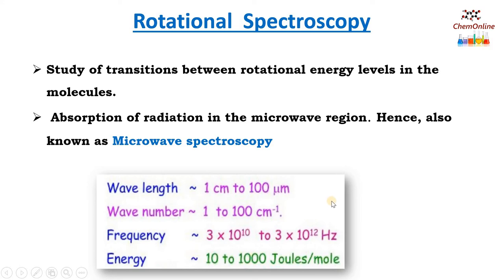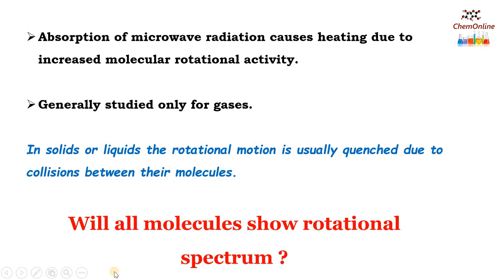So when a molecule absorbs radiation in the microwave region, transitions occur between rotational energy levels in the molecule, and the molecule will produce a rotational spectrum. The absorption of microwave radiation causes heating due to increased molecular rotational activity. Rotational spectroscopy is only really practical in the gas phase, where the rotational motion is quantized.